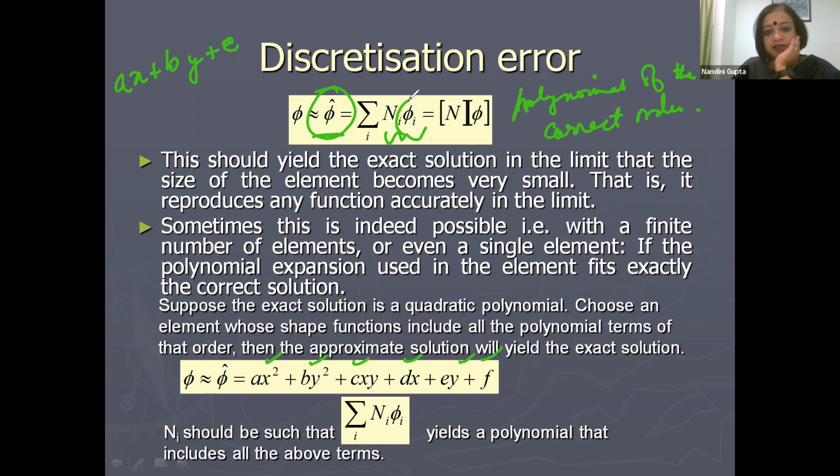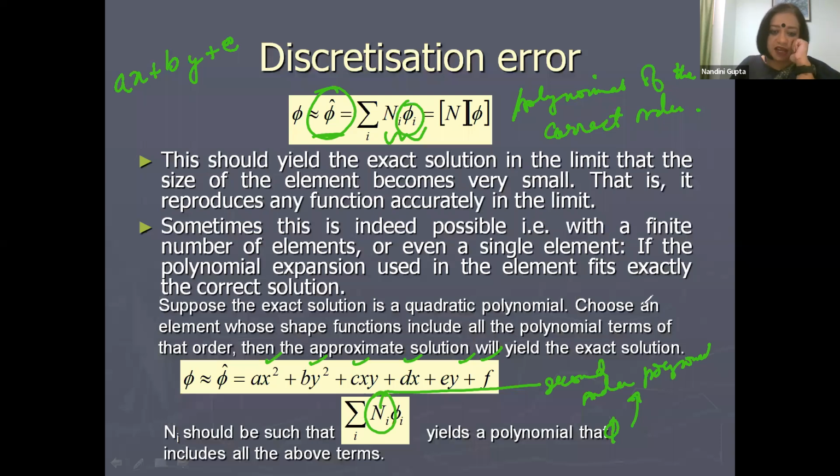Phi i are constants. So if I want to choose a particular order of the polynomial, if I want to use a second order polynomial, I must choose the shape function accordingly. So my shape function should be a second order polynomial, if phi has to be a second order polynomial.